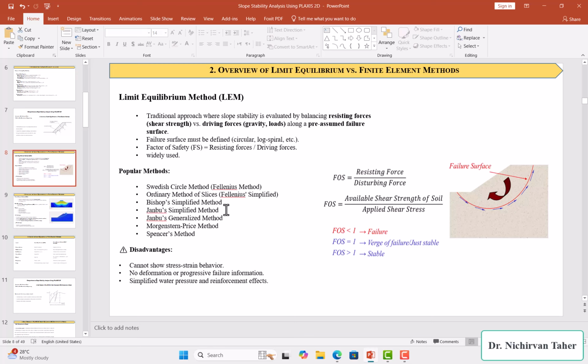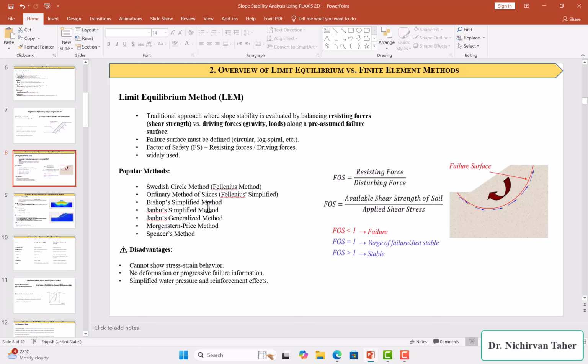There are some charts and curves available in many geotechnical engineering textbooks, such as Braja M. Das, etc. So you can find most of these methods in geotechnical engineering textbooks.